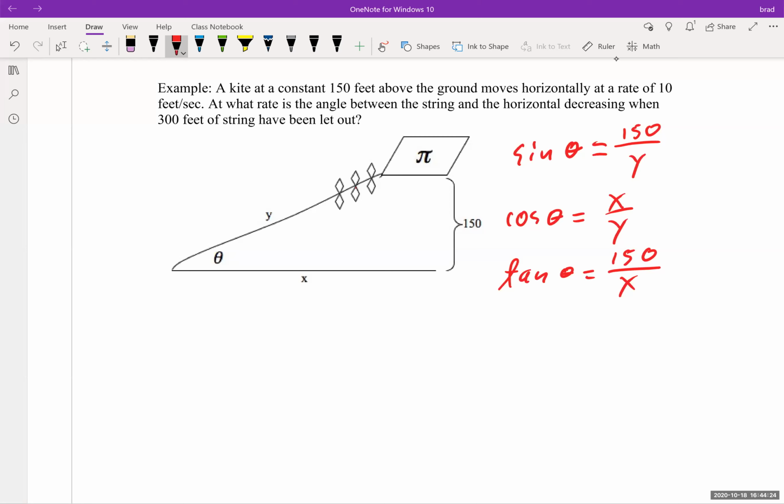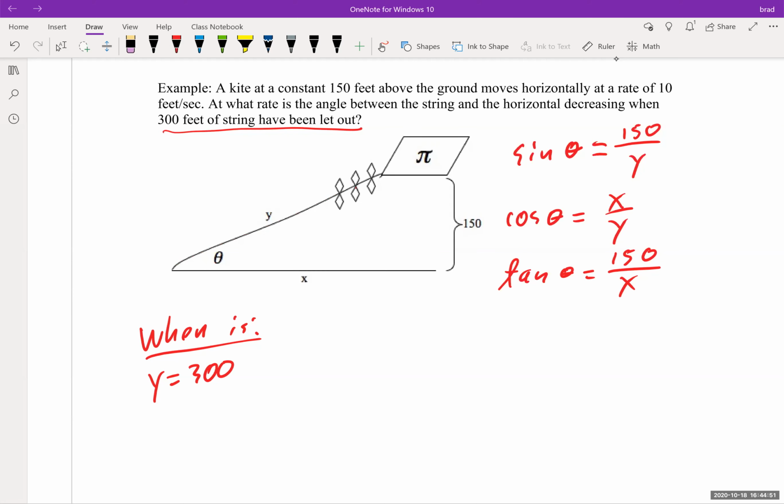The first thing is we should write down what we know for sure. It says at what rate is the angle between the string and the horizontal decreasing when 300 feet of string have been let out. So we know the when: y equals 300, because they're saying this is y, and 300 feet of string has been let out.